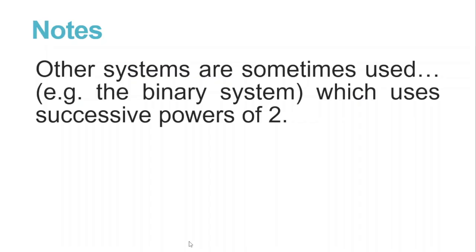The binary system is mostly used on computers, on CDs, to store data. It is based on the power of 2, like 2 raised to 1. But we're not going to talk about that today because that's a whole different topic.